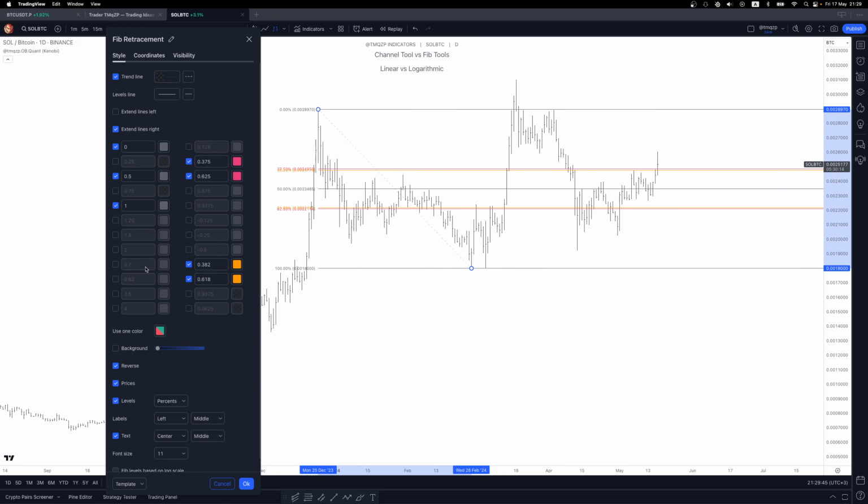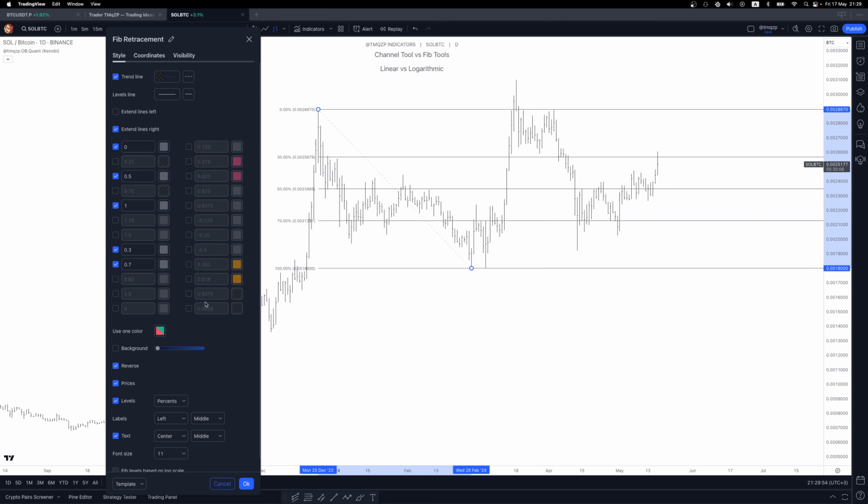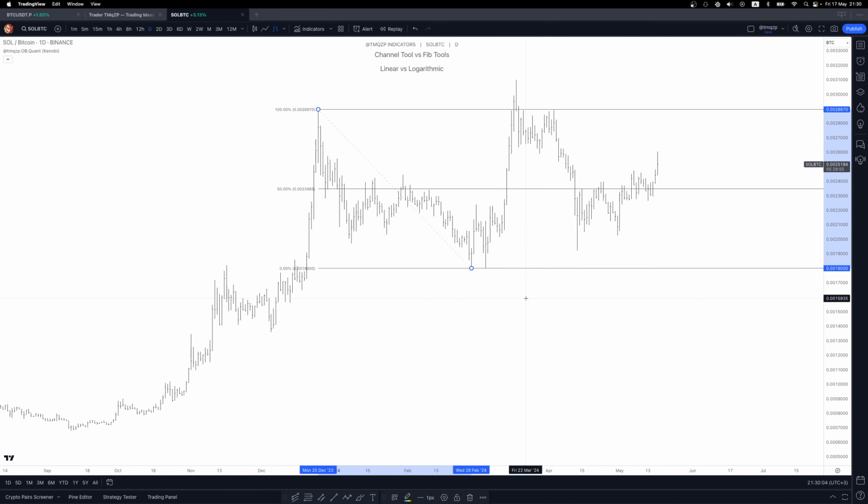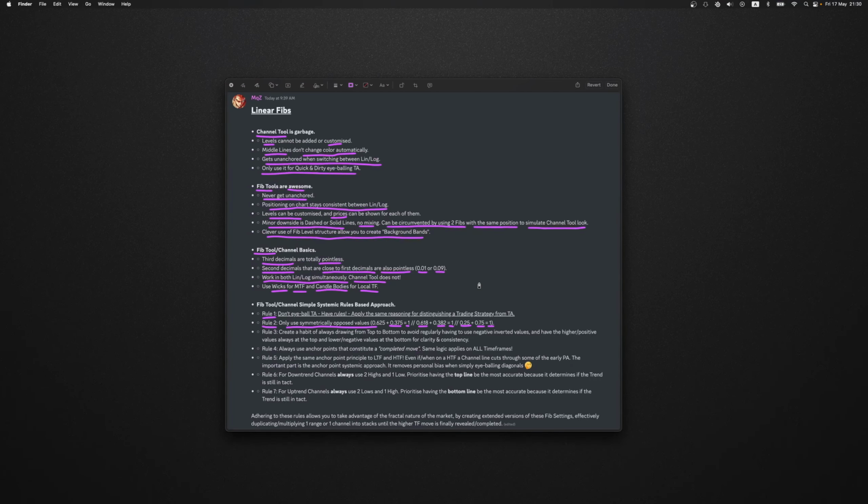You can do this with any number, like 0.7 and 0.3. They add up to 1 together. If we reverse it, it doesn't matter. The lines don't change. They're the same lines. Hope that makes sense. That's what I mean by using symmetrically opposed numbers.